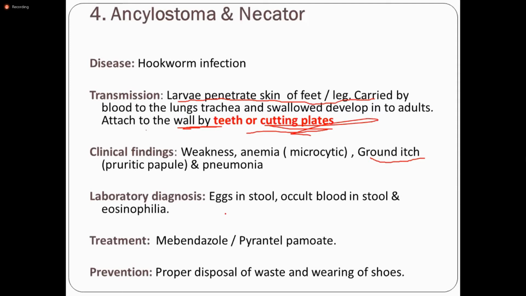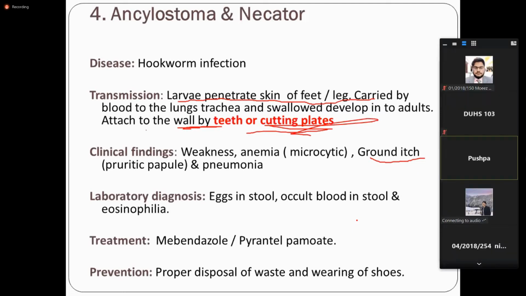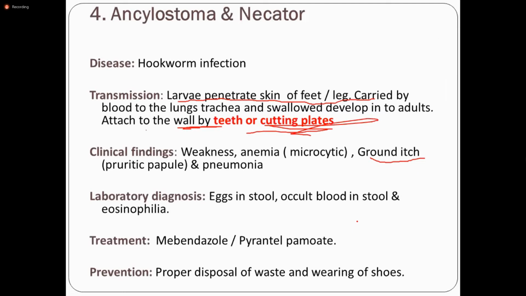Laboratory diagnosis: eggs in stool, and occult blood in stool, because they keep on taking up blood for their survival. So they deprive the human being of their blood or hemoglobin, resulting in microcytic anemia. Okay.